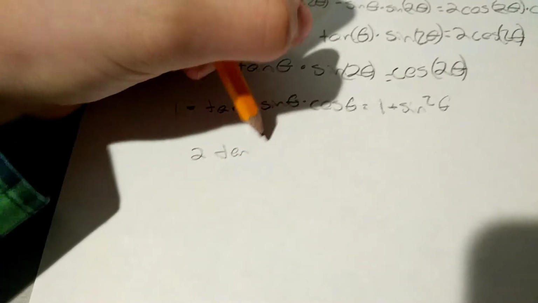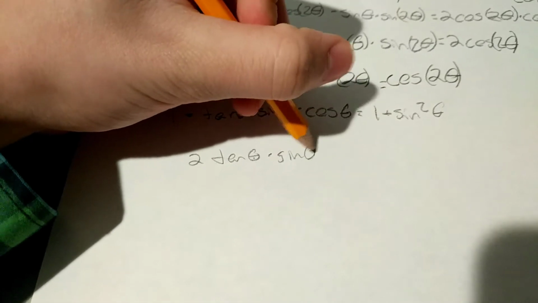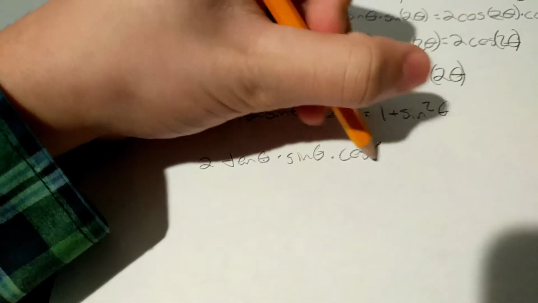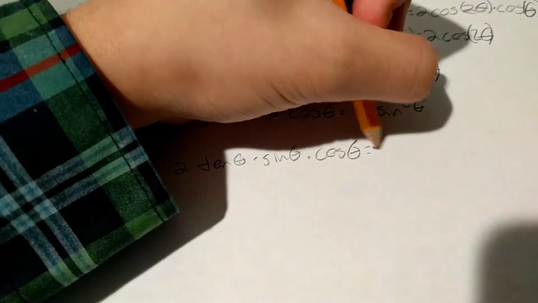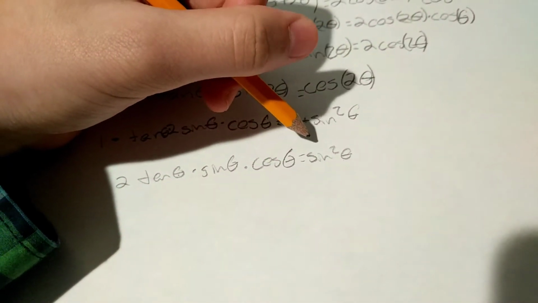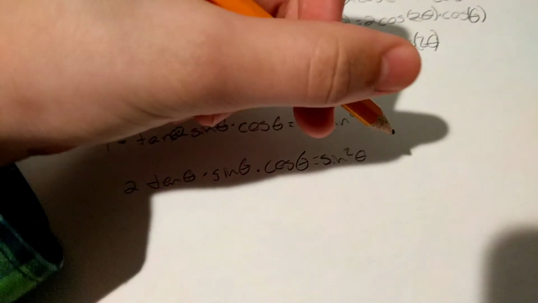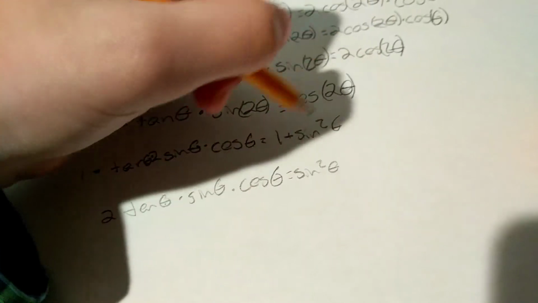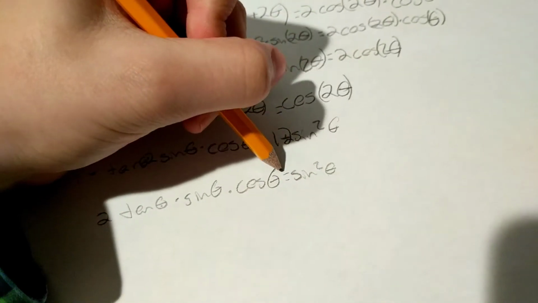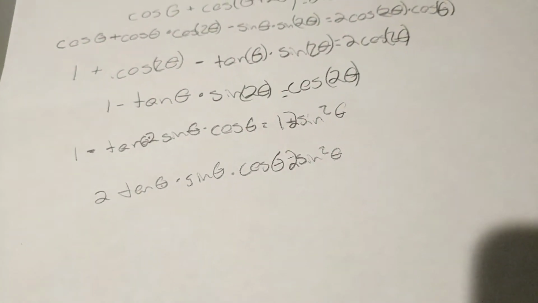I'm also going to move this 2 over here so that it's easier to deal with. 2 tan theta times sine of theta times cosine of theta is equal to sine squared cosine. Okay, if you'll notice, this one was a negative. I need to make it a positive. I wrote this incorrectly. That's my mistake. Sorry about that.